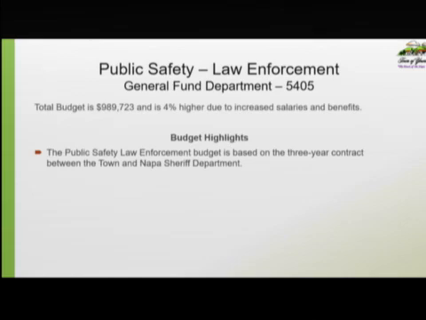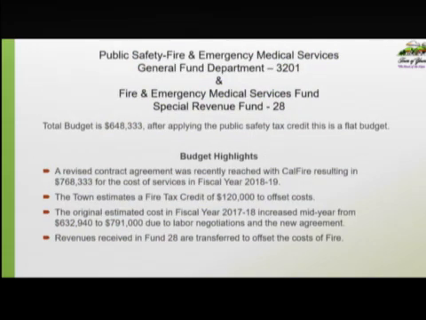We are currently under a 3-year contract between town and Napa Sheriff's Department. There's really nothing, no changes to this budget other than they're going to keep protecting our lovely little town. If you have any questions, we're happy to answer.